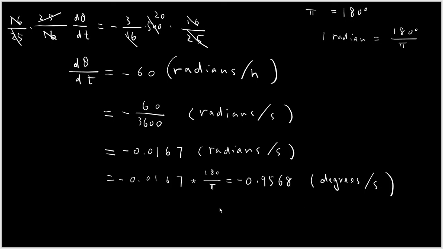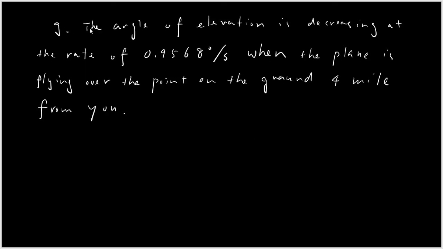Finally, we need to answer the question in words, the last step. The angle of elevation is decreasing, because the value is negative, at the rate of 0.9568 degrees per second when the plane is flying over the pond on the ground 4 miles from you.